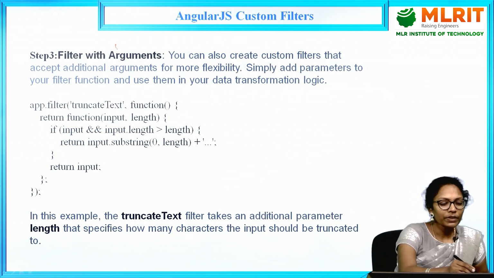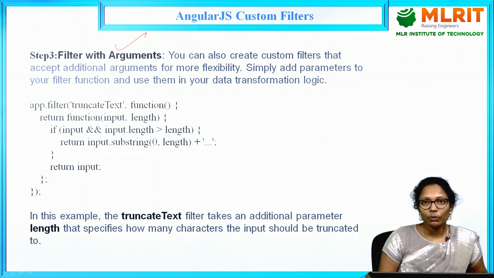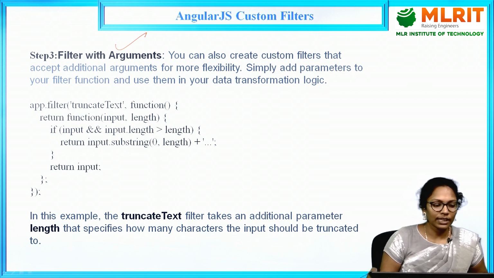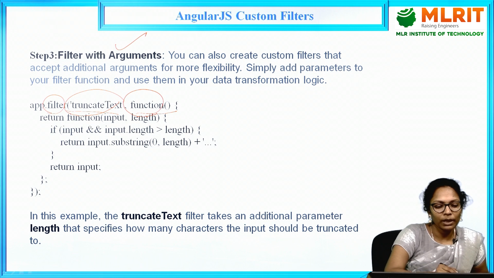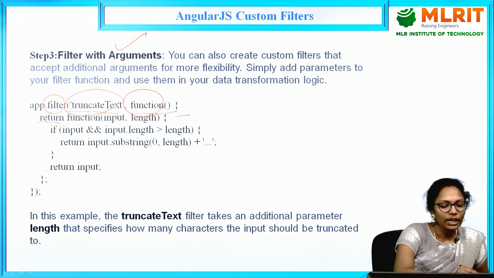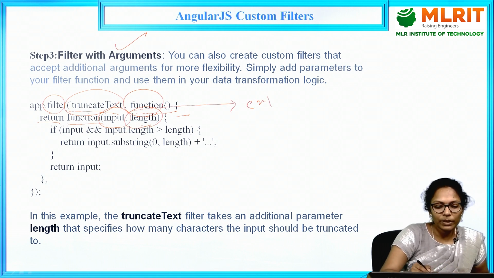So, a filter with argument. If you want to give any argument for your filter, then you need to use this syntax. The same function you're using, a filter function, which will take two parameters, the name of the filter and the function without any parameter. This function is returning again a function, but here I'm taking two parameters. The first parameter indicates the given expression and the second parameter indicates the options.